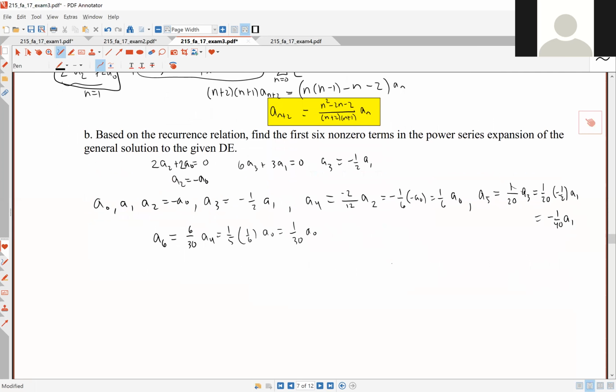Okay, so remember the two-step recurrence relations mean we're going to have two different forms for this. We're going to have the a0 plus a2 x squared plus a4 x to the fourth plus a6 x to the sixth.